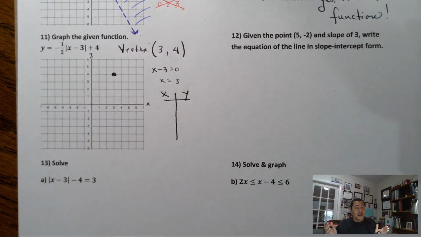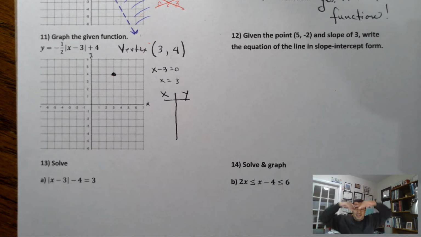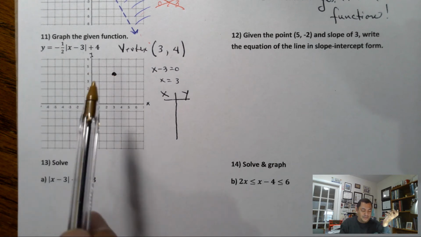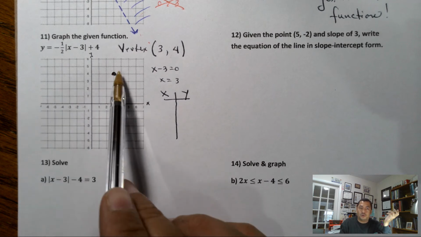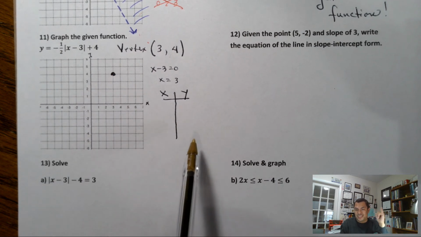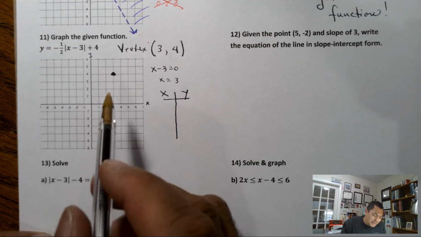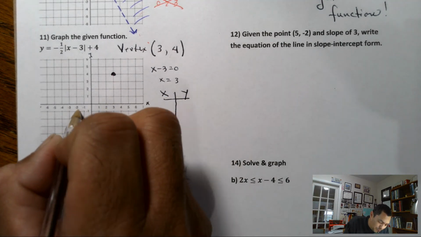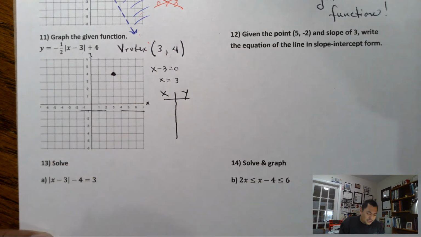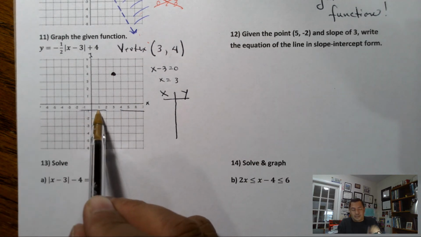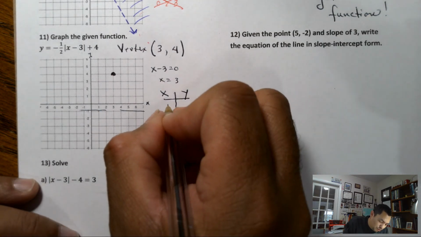Now let's keep in mind that the absolute value function, when you graph it, is a V or inverted V. But in this case, because that 1/2 is negative, the absolute value is going to open down. It's going down the graph. So this is your vertex, and then I'm going to choose a point between these numbers. I'm going to choose 1. I'm just deciding to use 1.